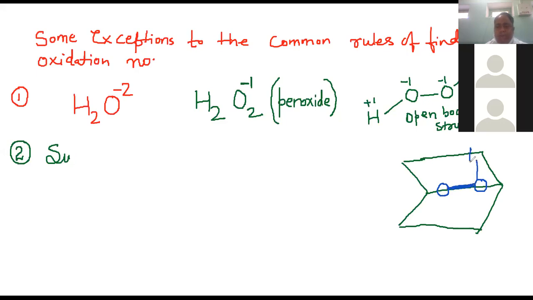One hydrogen will be in this plane and another hydrogen will be in this plane. That is why it is called as open book like structure.